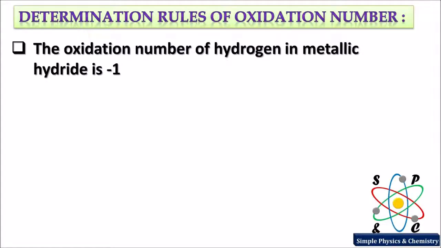Again, the oxidation number of hydrogen in metallic hydrides is -1. This is an exceptional case. In general, in its compounds hydrogen has a +1 oxidation state. Now suppose you have sodium hydride, NaH. Sodium will always be +1 in its oxidation state, because it can easily release one electron.